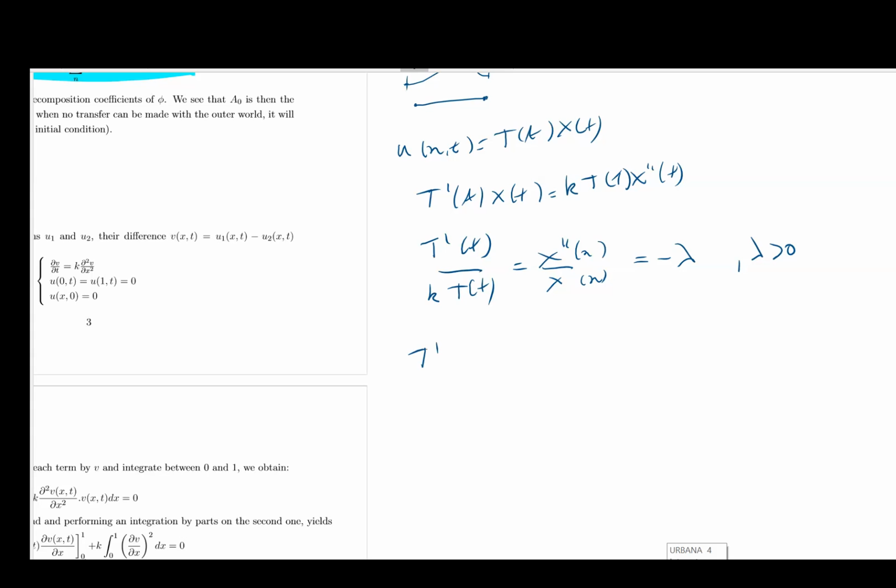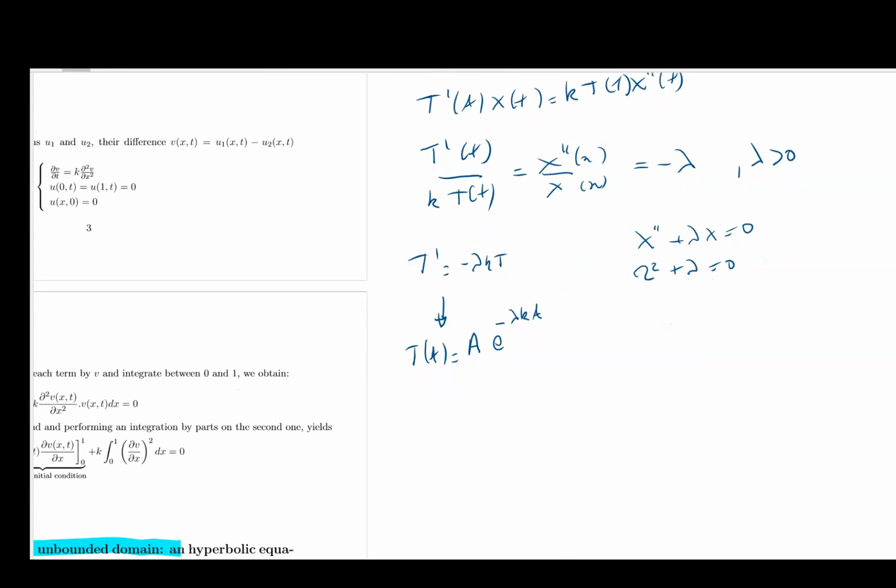It means that T' is equal to minus lambda k T, which just gives you a first order differential equation. T is just some constant times exponential of minus lambda k t. On the other side I get X'' plus lambda X equals 0. The characteristic equation is r² plus lambda equals 0.